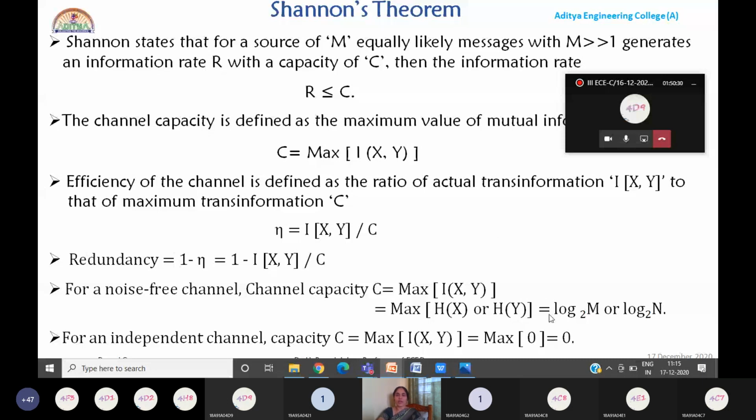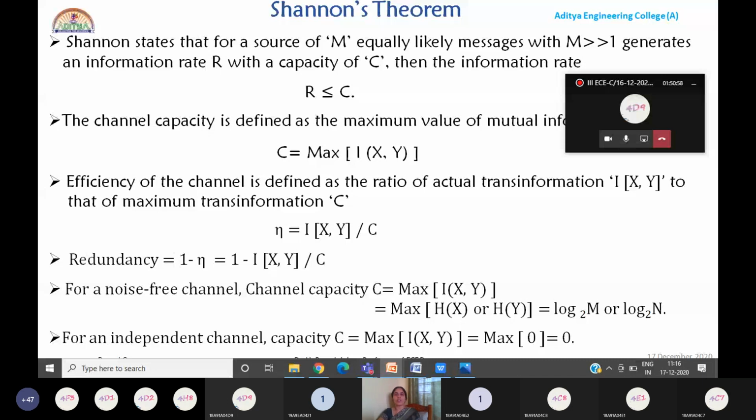If so, then the maximum entropy is log m base 2 if we have m equally likely messages, and if we have n equally likely messages, it is log n base 2. Because the channel capacity is the maximum of mutual information, and for a noise free channel mutual information is either h of x or h of y because conditional entropies are 0, the maximum of h of x is nothing but the maximum entropy.